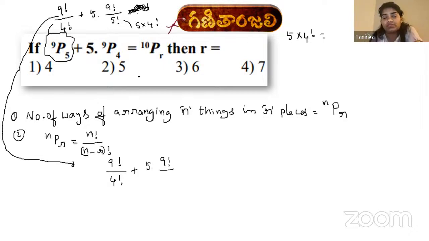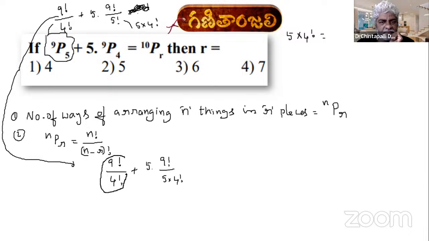So instead of writing 5 factorial, we can write it as 5 times 4 factorial. Now, what is common? 9 factorial by 4 factorial is common.